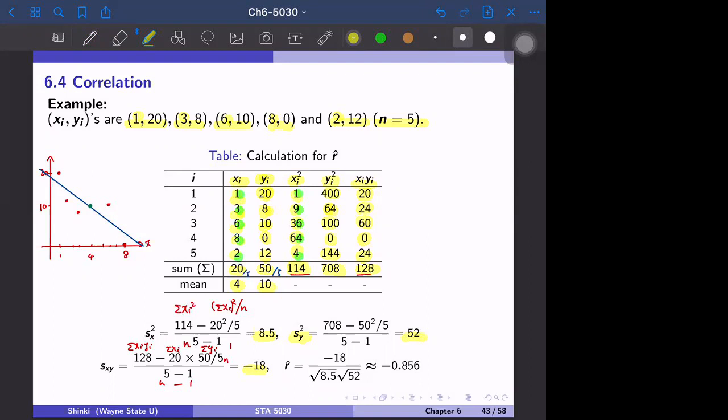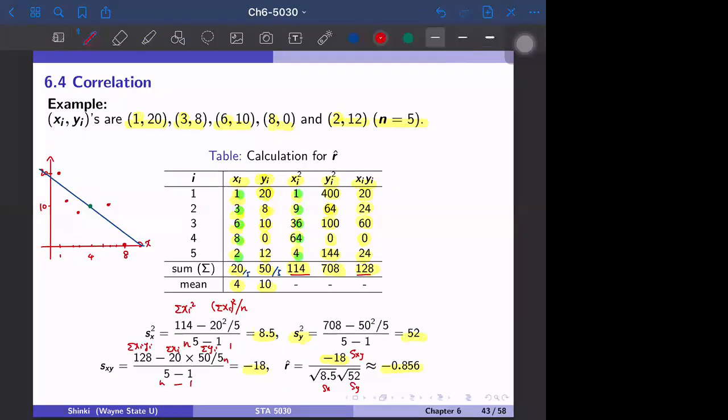So r hat is s_xy divided by the square root of s_x squared times the square root of s_y squared. That is 18 over the square root of 8.5 times the square root of 52, and then we get 0.856.